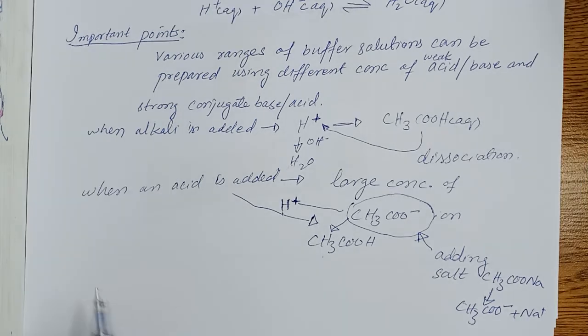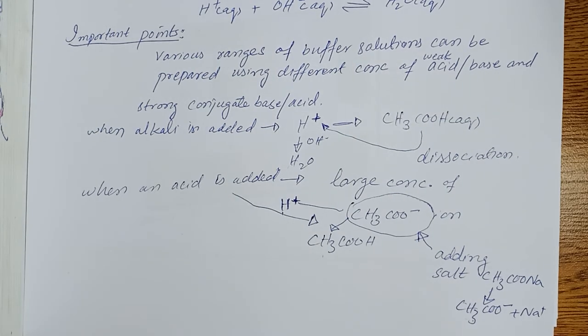So in this way the weak acid provides the equilibrium and large undissociated concentration. The sodium salt provides the large dissociated concentration.